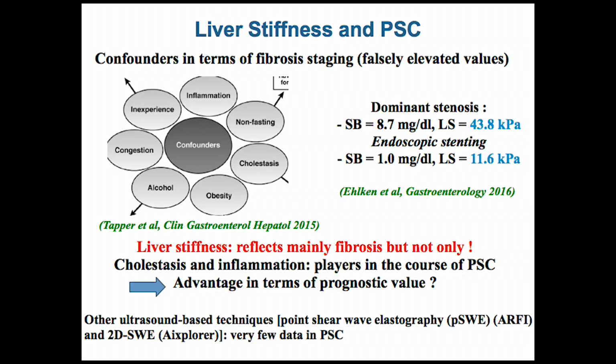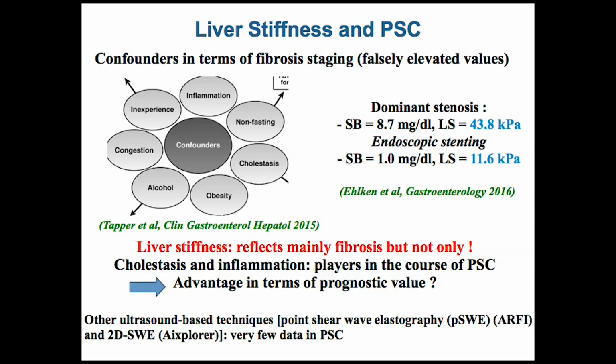So at this point, I'd like to make some comment on liver stiffness, because as already mentioned, there are some confounders in terms of fibrosis staging. That means giving falsely elevated values.